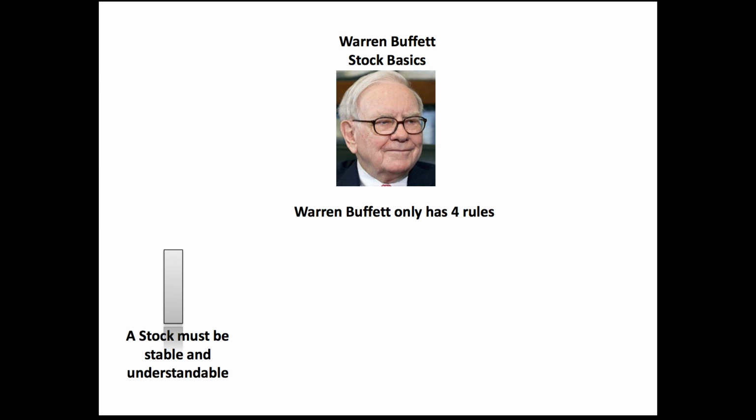For a lot of people, they're kind of attracted to a stock that might be volatile because it might have huge rewards in the end, even though there's a lot of risk associated with it. The reason Warren Buffett isn't attracted to a stock like that is because he knows that a stable and understandable stock is something that he can actually calculate.